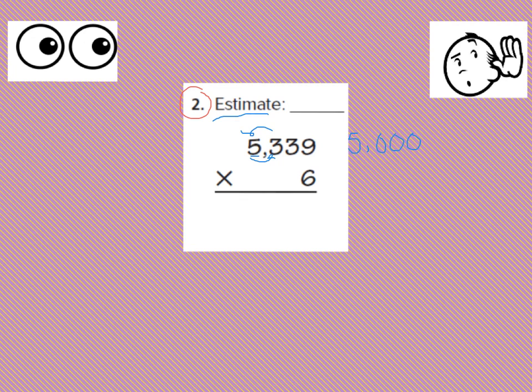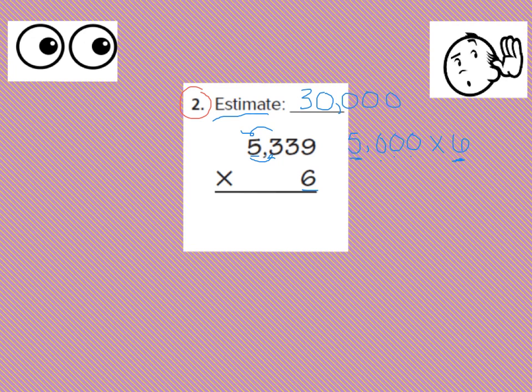And I'm going to multiply it times the 6 to get my estimate. Well, 5 times 6 is 30, plus my 3 zeros as my placeholders, which gives me 30,000. That is my estimate, so hopefully my product comes close to 30,000.